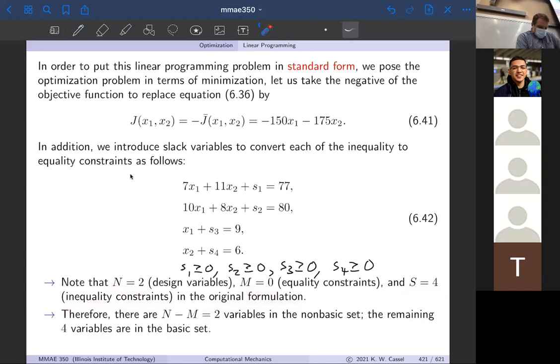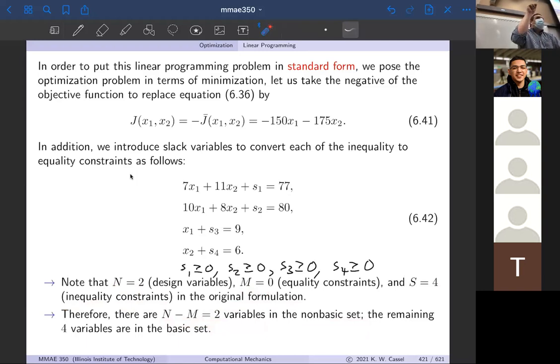Now, remember the basic and non-basic sets that we discussed last time. How many variables are in the non-basic set is determined by n minus m. So the number of design variables, in this case 2, minus the number of equality constraints, in this case 0, so that's equal to 2. That's the number of variables that's in the non-basic set. Remember, the non-basic set are the variables that are going to be equal to 0 at each vertex.